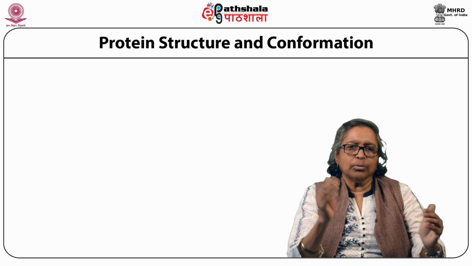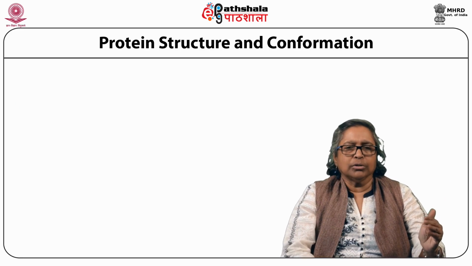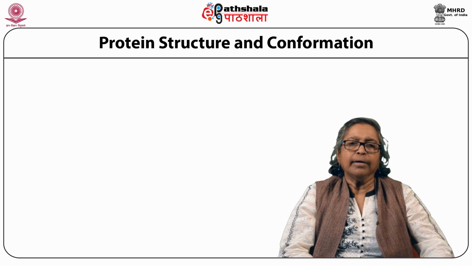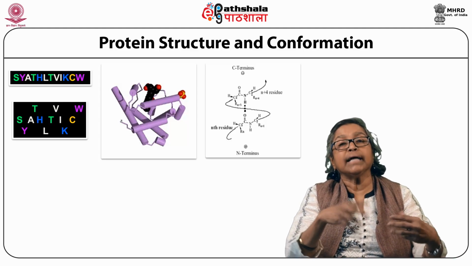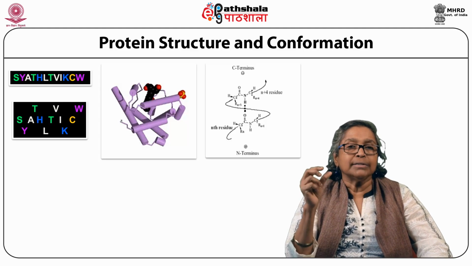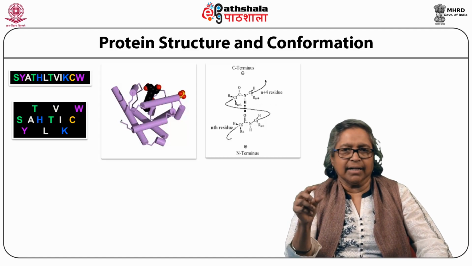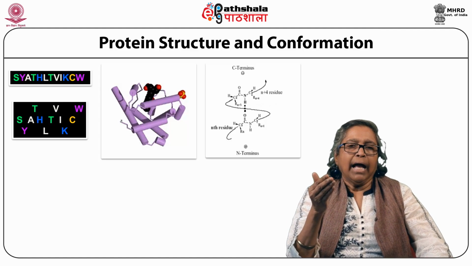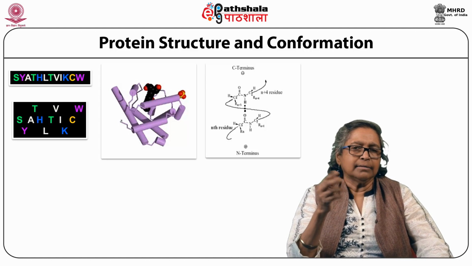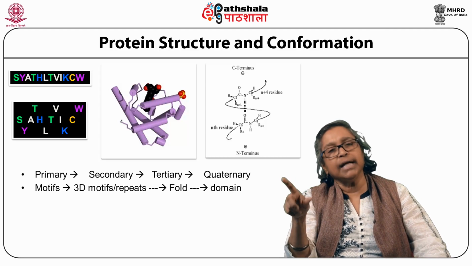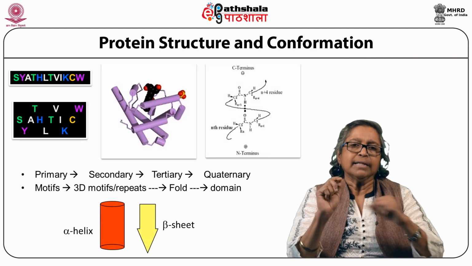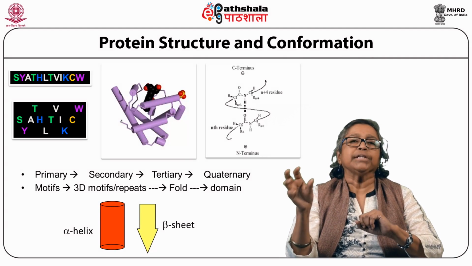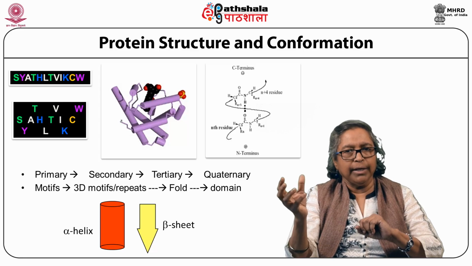To revise the concepts from earlier modules, protein structure starts from sequence. From sequence it goes to secondary structures, which is shown here as the alpha helix, and then you get a tertiary structure, that is a combination of those alpha helices or beta structures, and come up with a proper functional protein.